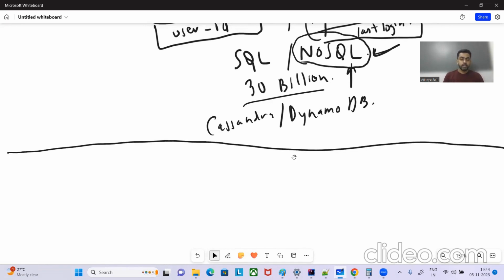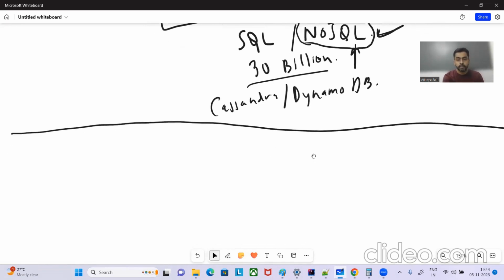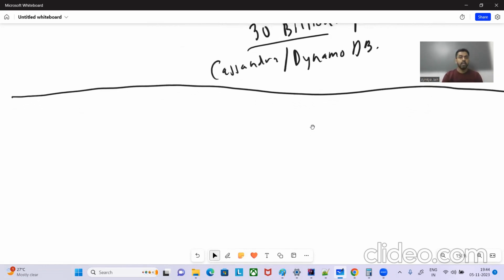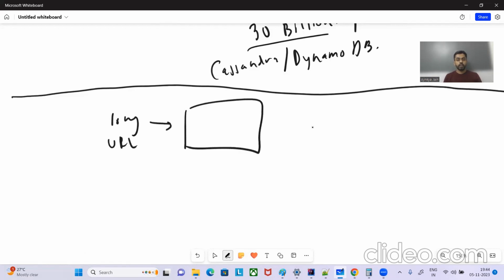Now let's design the system, the business logic. The main heart of this would be to generate the key. For example, a long URL is provided to our URL shortening service, and it provides the short URL.